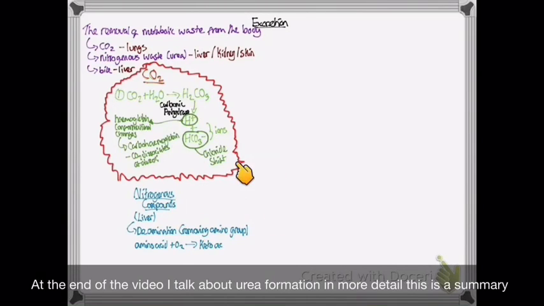And after deamination we get urea formation. So this ammonia and CO2 is combined to produce urea and water, and the remaining keto acid can be converted to carbohydrate or fat or used directly for respiration.